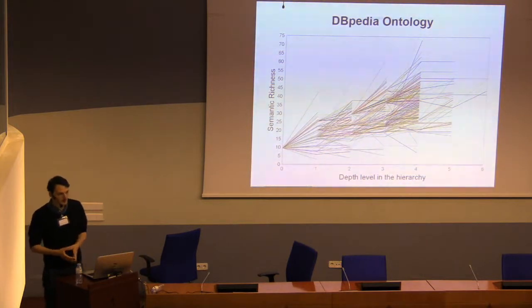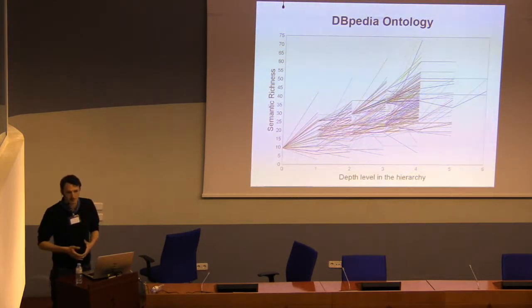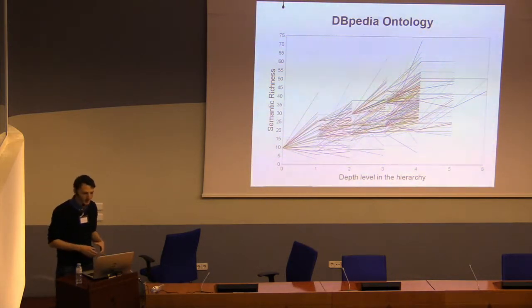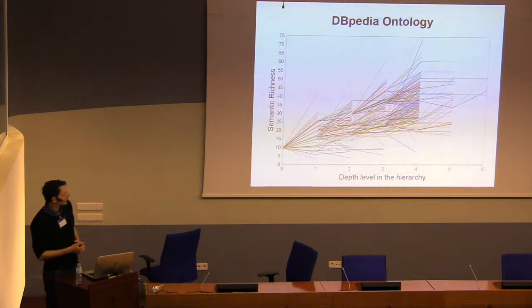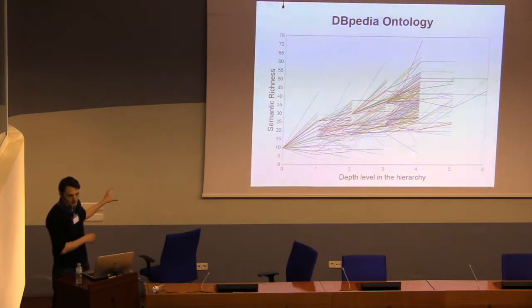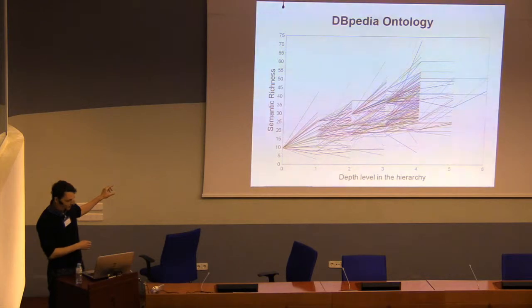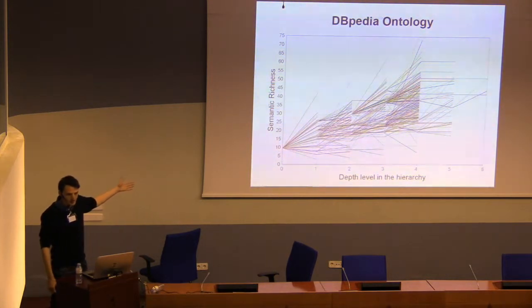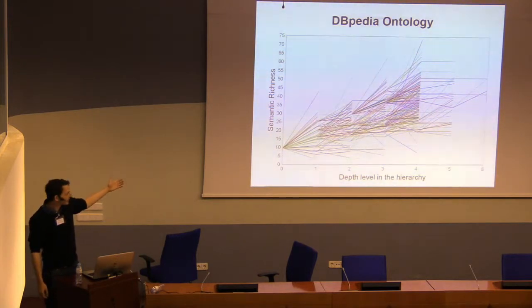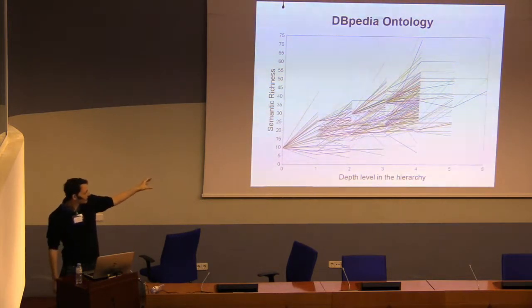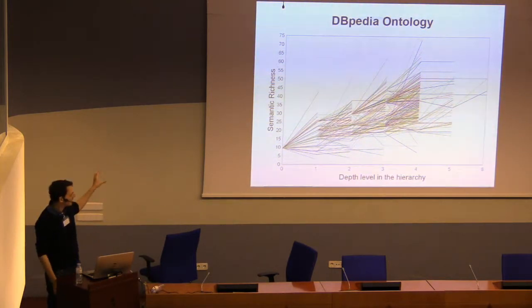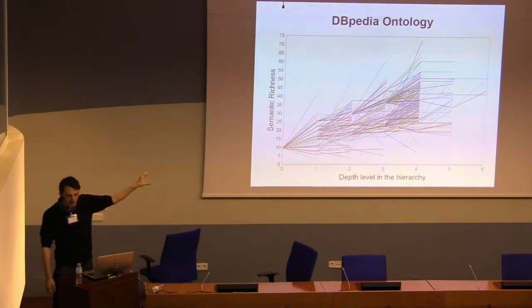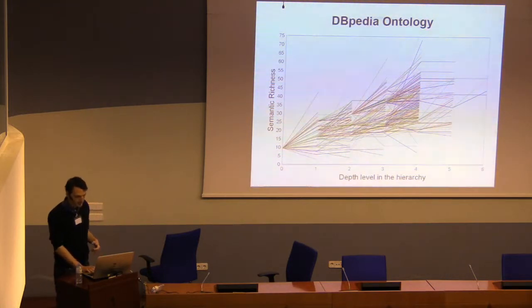So I created a simple measure that can be evaluated on any linked data set automatically. And to validate it, I applied it to the DBpedia ontology. Here you see the DBpedia ontology tree from its root, basically Thing, the most generic concept, the least semantically rich, down the hierarchy to more specific concepts like person, engineer, mechanical engineer, and so on.